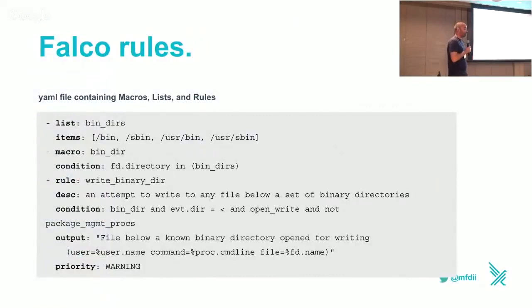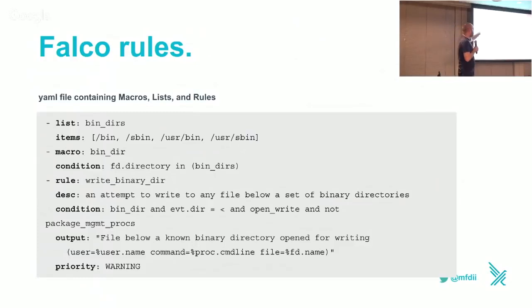So here's a very basic example. We have a couple different concepts in a rules file. We have the rule itself, but then we have a couple helper objects. The first one is a list, and the list is essentially just an array.